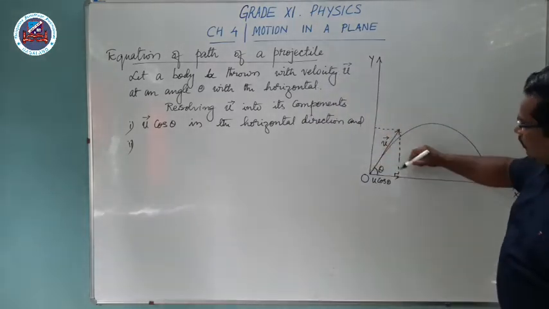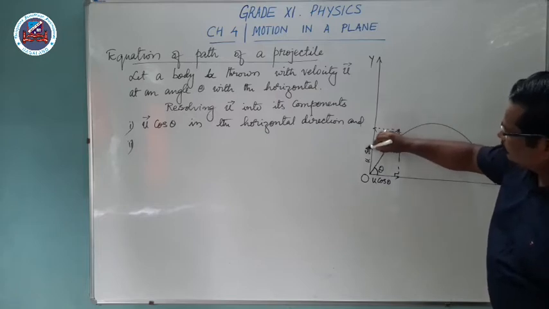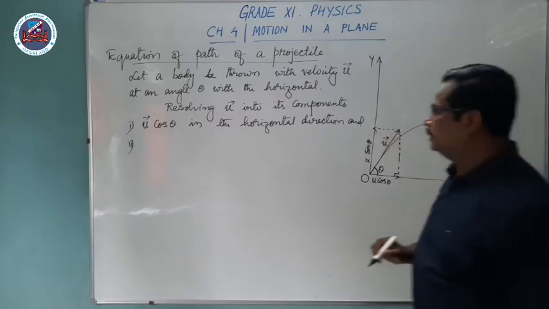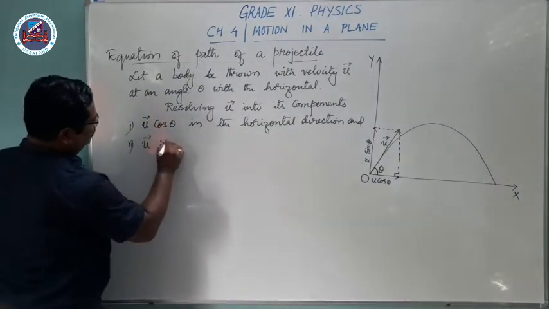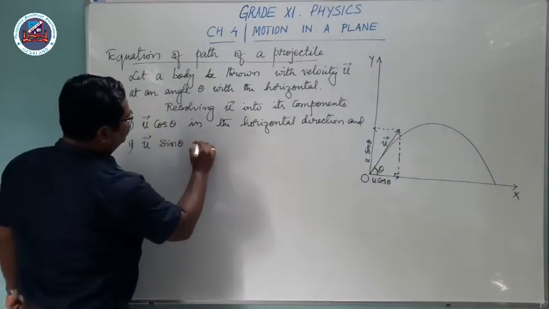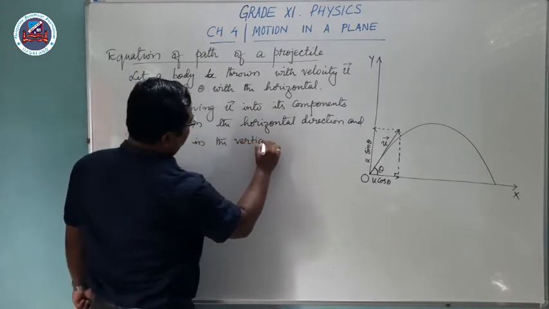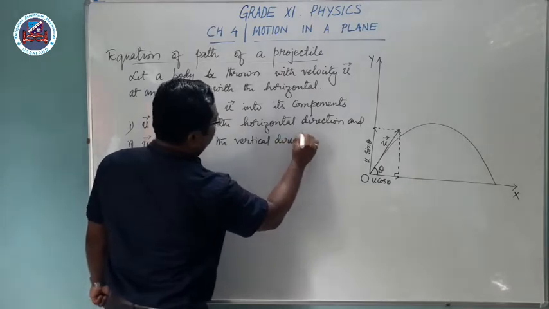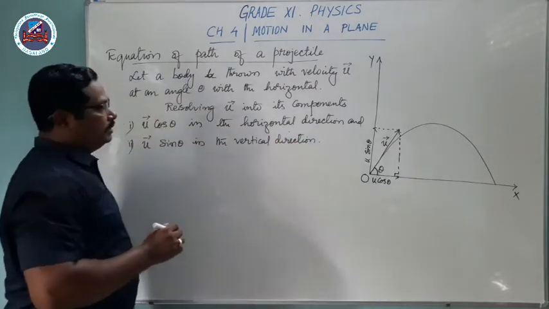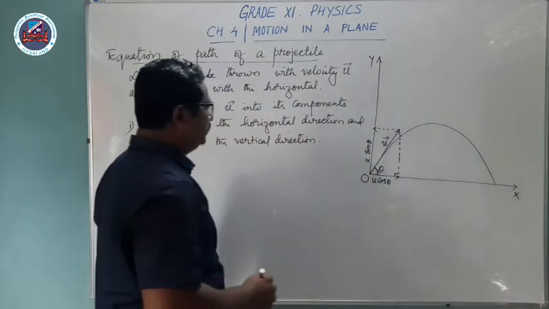If this is u cos theta, then this side will be u sin theta along the vertical direction. So these are the two components of velocity u.